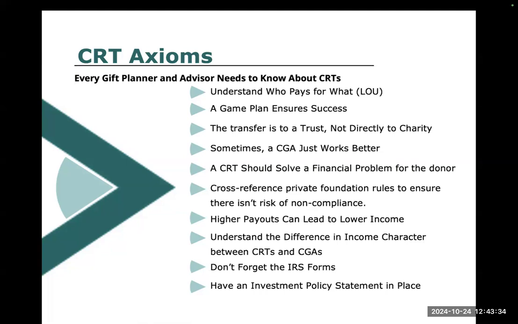And then finally, I would suggest having an investment policy statement in place. When there are turbulent times in the market and these income beneficiaries are calling you and they're concerned about what the future is going to be for their income, it's always good to have a true north, an investment policy statement that you can go back and review and remind them, this is the target portfolio that we chose.